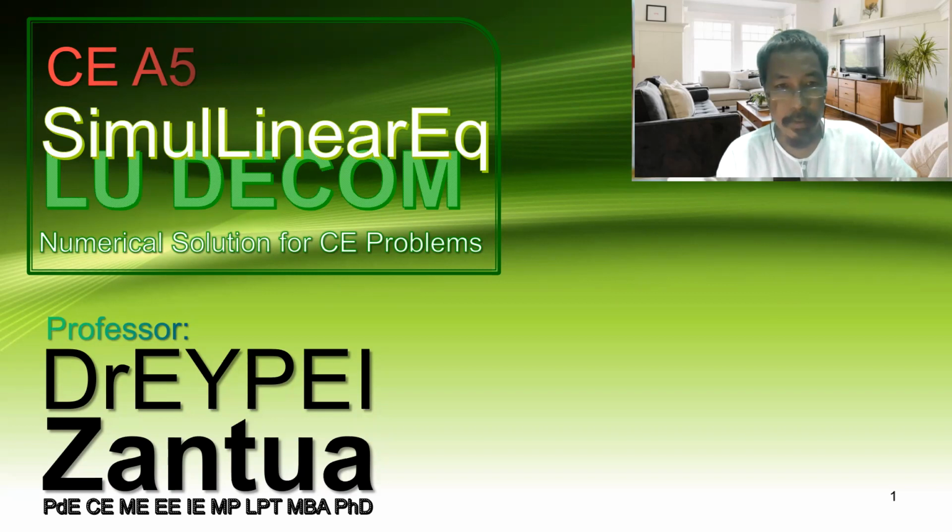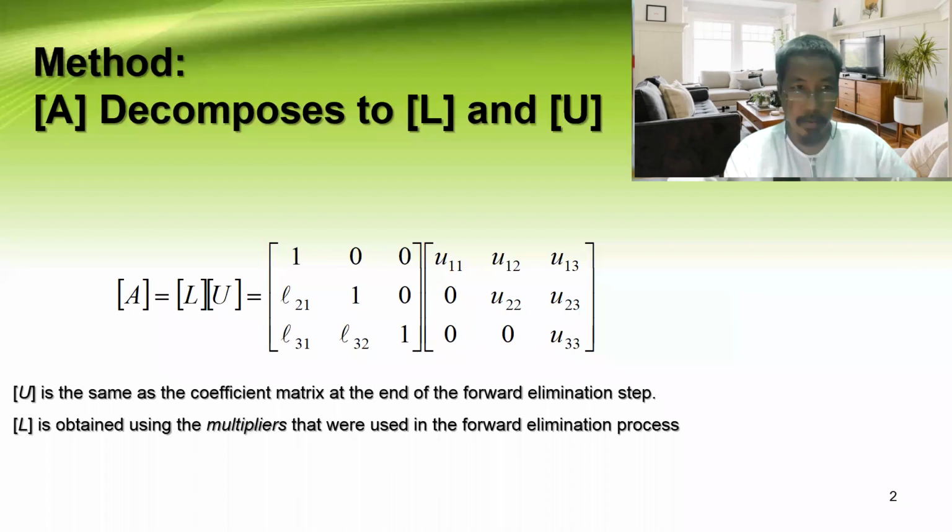We're still in chapter 4, and let us continue discussion of LU decomposition, which is the second method we're discussing to solve numerically the solution of simultaneous linear equations. So the method here is, given matrix A, decompose it into a lower triangular matrix and an upper triangular matrix.